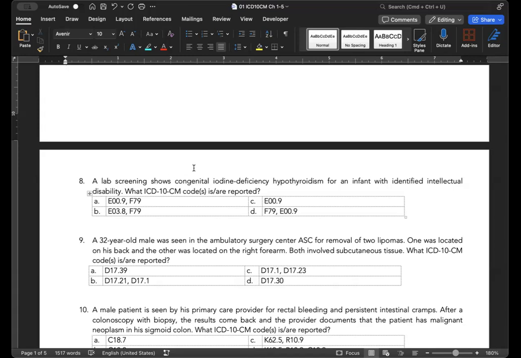Okay, the congenital iodine deficiency hypothyroidism. Let's go to hypo, not hyper, because I remember the previous one was hyper, and I almost went hyper on this one. Hypothyroidism. Okay. And then where do you want to go from there?